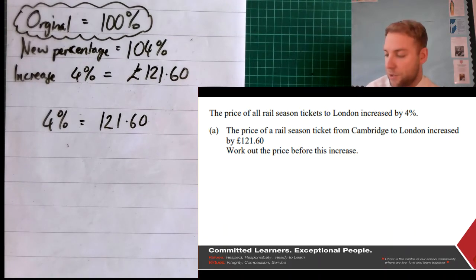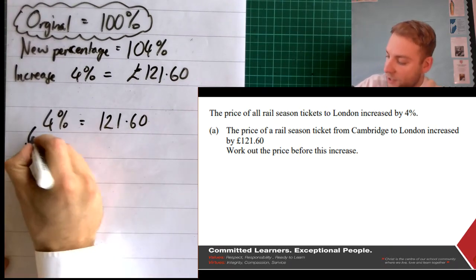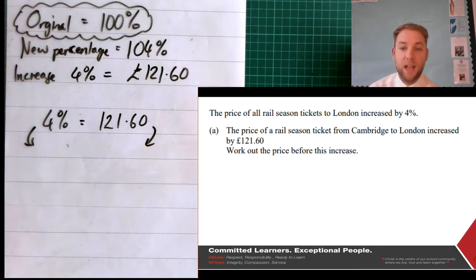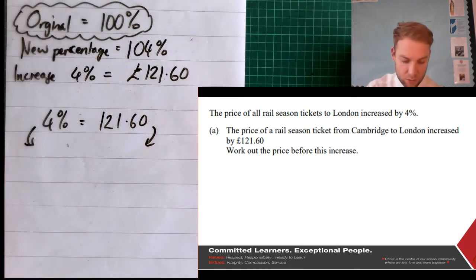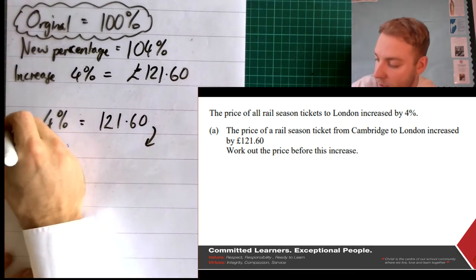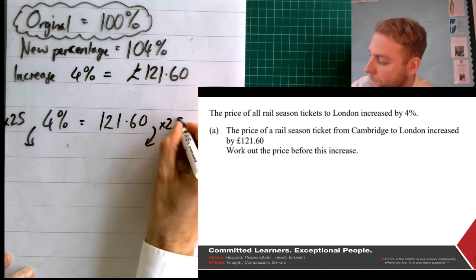Now it's up to you how you do this. You might want to divide this by 4, find 1%, and then times it by 100. You could times it by, well, how many times does 4 go into 100? Well, 4 goes into 100 25 times. So you could just times this by 25. Let's do that.